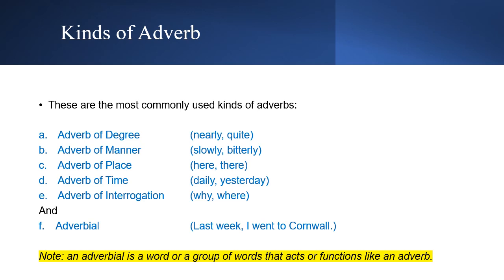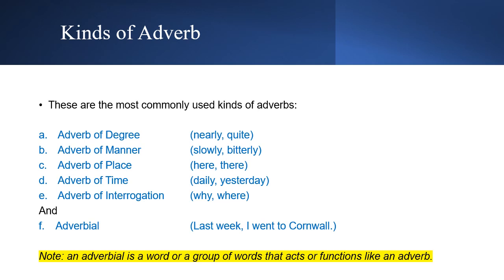If I say come, you don't understand, but if I say come here, you know exactly where to go. The word here tells more about the action of come, so that's why it is an adverb. All of these categories apply to an adverb, and they tell us more about a verb in general. Obviously, they also tell us about an adjective or another adverb.